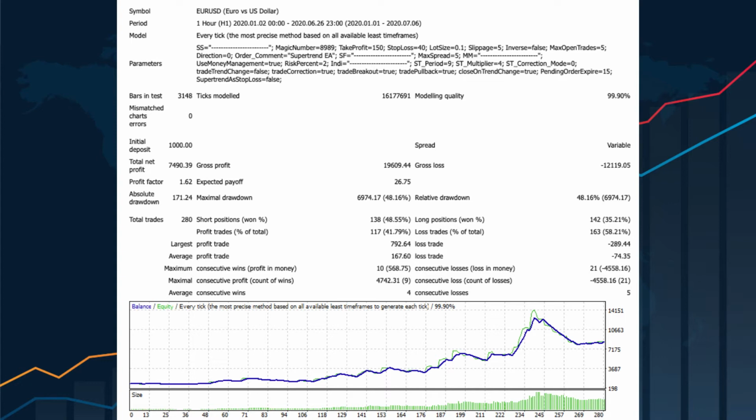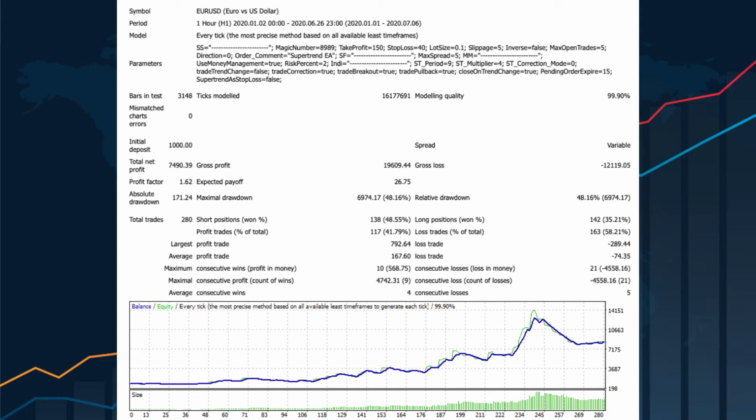As you can see, I'm going to start from the top and go down. So euro dollar, 1 hour, starting from the 2nd of January 2020. We have modeling quality 99.90%. And you can only do this if you're using third-party backtesting software.